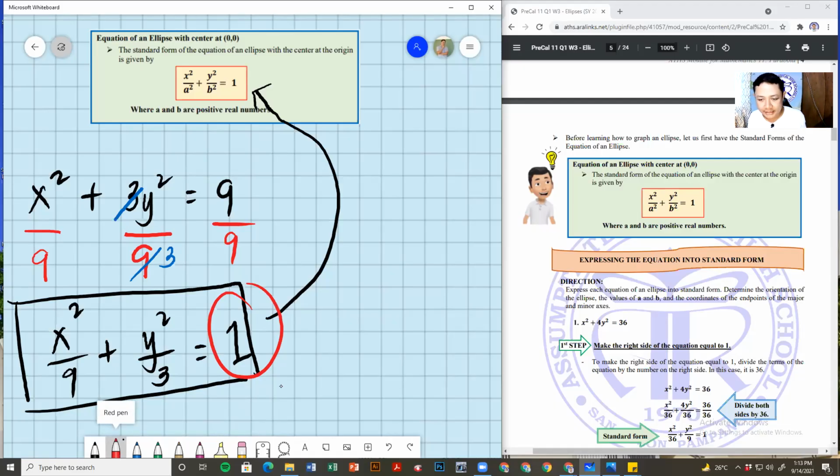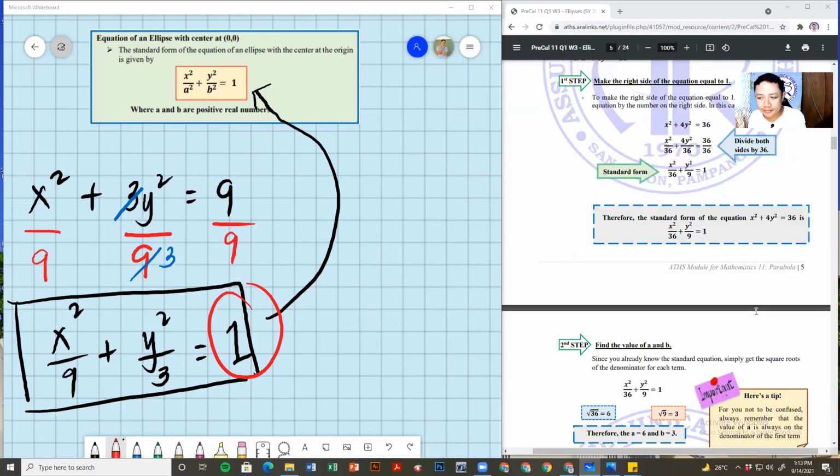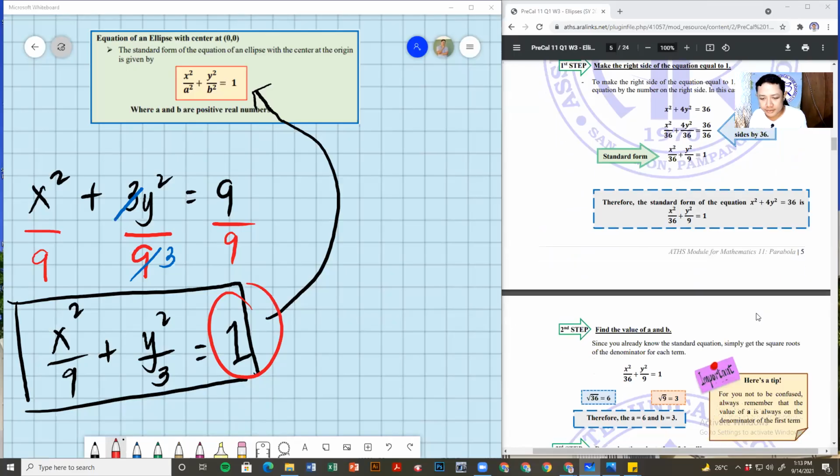Okay? That's it. Show a reaction if you understood that process. Let me see. Show me your reactions based on how you understood that process. Okay. Very good. Okay.